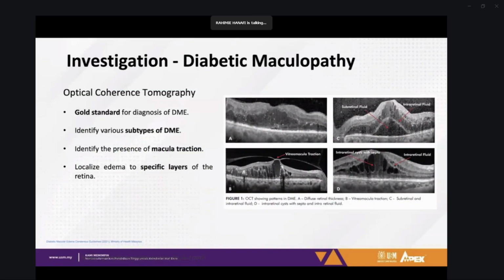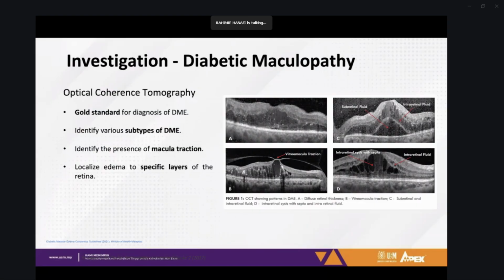Nice-to-know investigations that we do at our clinic so that you can counsel the patient on compliance with ophthalmology referral. Okay. In a diabetic maculopathy patient, we will do optical coherence tomography to diagnose diabetic macular edema, to identify subtypes of DME, and to look for any presence of macular traction.